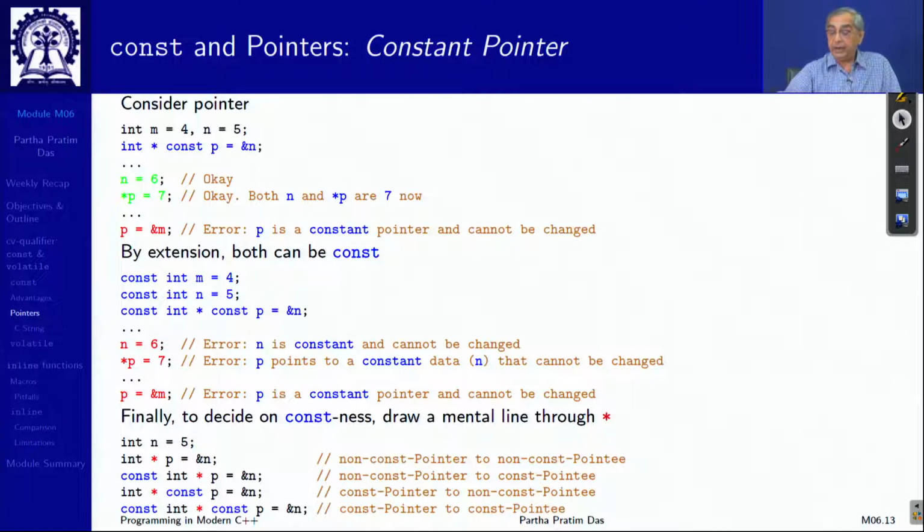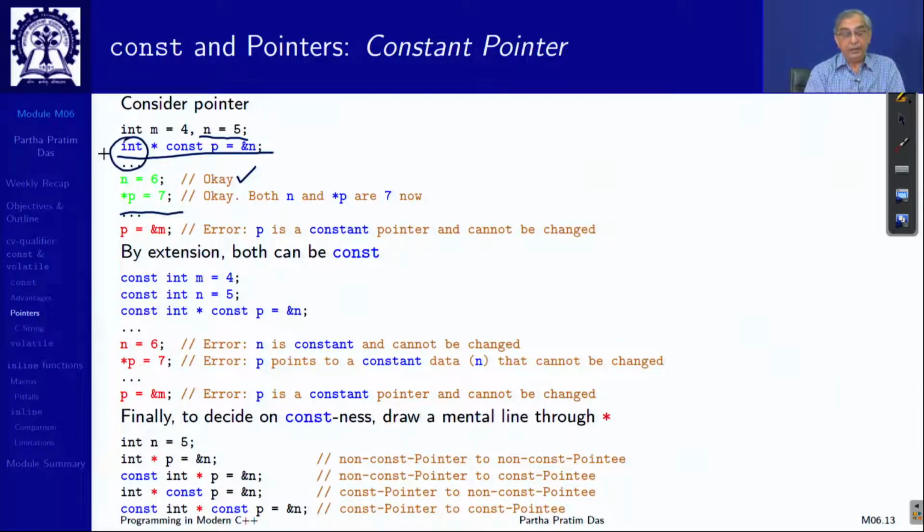So, here you can see that I am talking about another type of constness, that is I am saying int star const p, which is a constant pointer to a non-constant data. So, as n is not a constant, I can put a value. I can do star p equals 7.